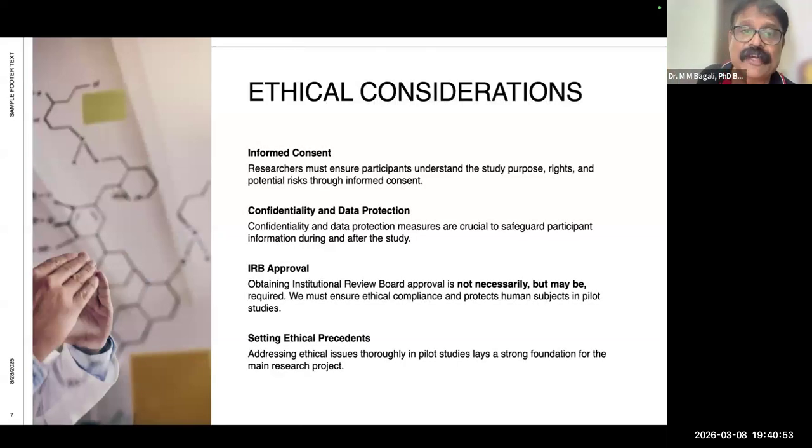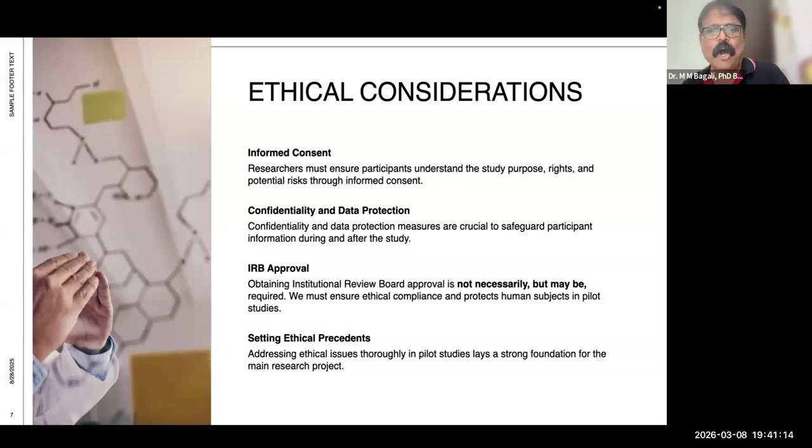Obviously, ethical considerations. When you do your actual study, you need to have an informed consent. A researcher must ensure participants understand the study purpose. That is what I was trying to tell Clinton. I mean, this is a hypothesis.